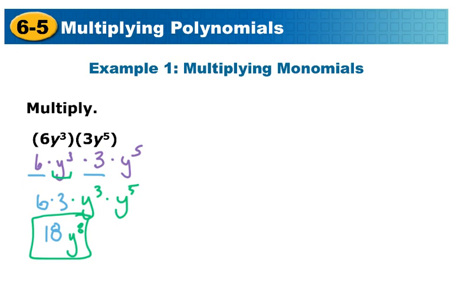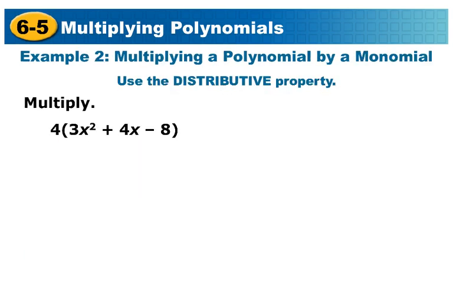Remember that that means that there is one term. Other than multiplying monomials, sometimes we will also be distributing, and in this case we're distributing just a 4, but it could be 4x, it could be a 4x squared, and remember distributing is multiplying, so we're doing 4 times 3x squared plus 4 times 4x minus 4 times 8.